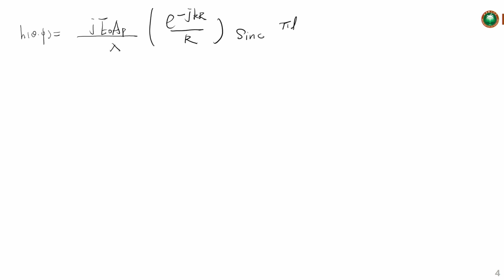So the final expression of h(theta, phi) can be expressed as j Ap over lambda, and also the spherical term e to the minus j k r divided by r, times sinc of pi Lx over lambda sin theta cosine phi, and sinc of pi Ly divided by lambda sin theta sin phi.